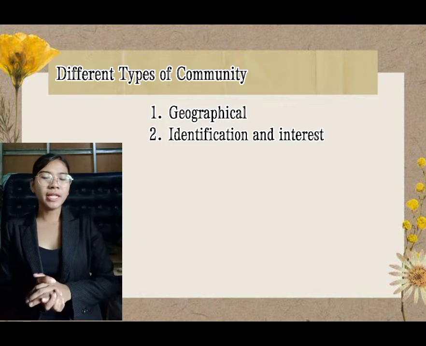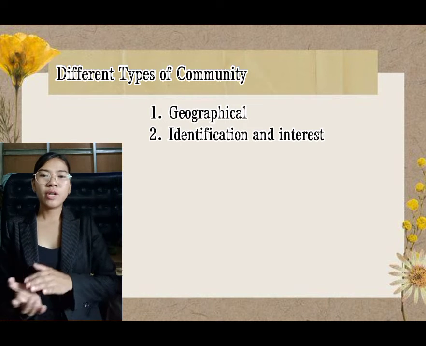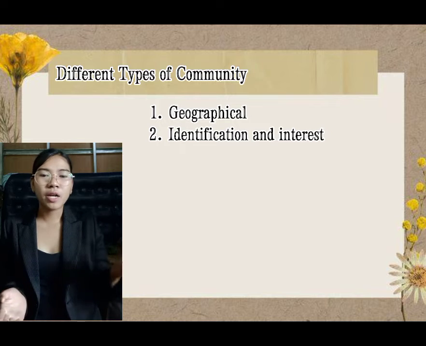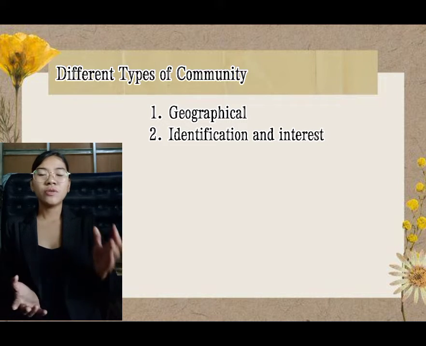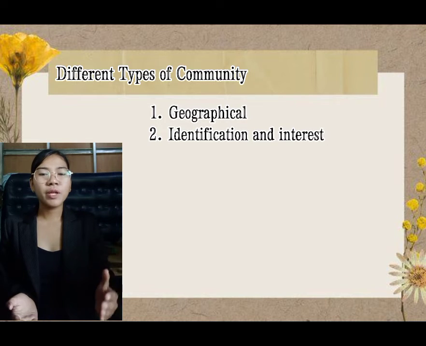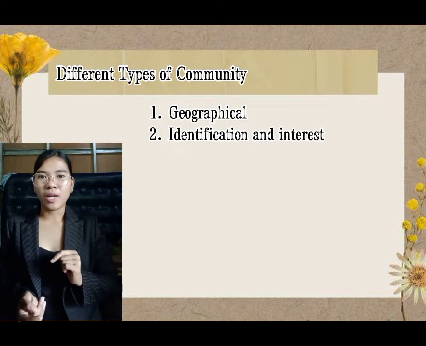Ito naman ay hindi bumabase sa boundary or sa sukat ng inyong lugar na tinitirahan. Ang halimbawa nito ay ang religious group or spiritual practices, na kung saan iba-iba kayo ng lugar na pinanggalingan, ngunit meron kayong common interest or common na paniniwala.